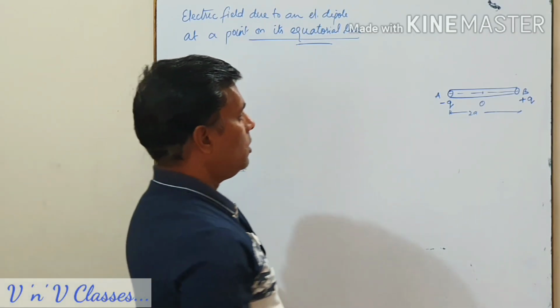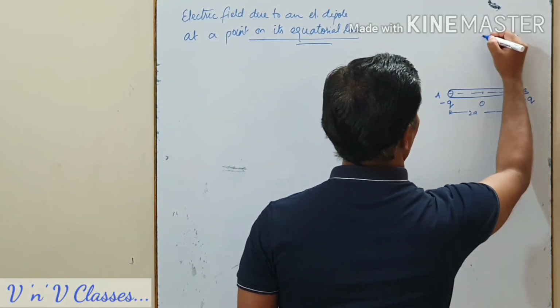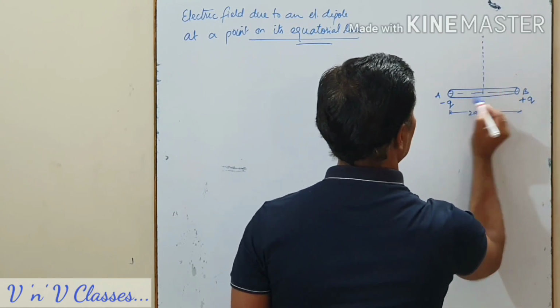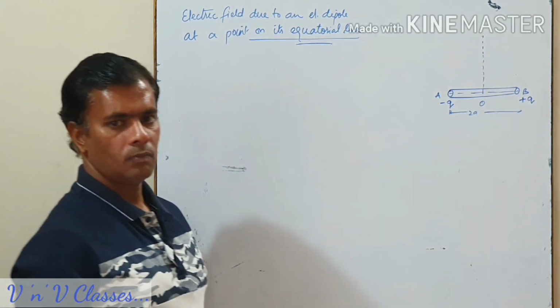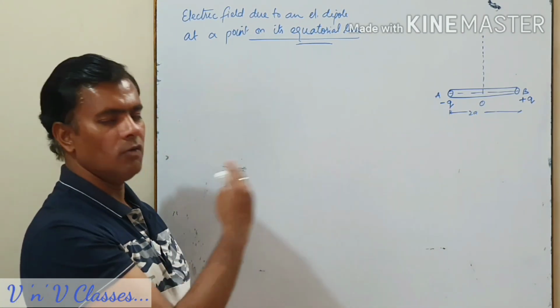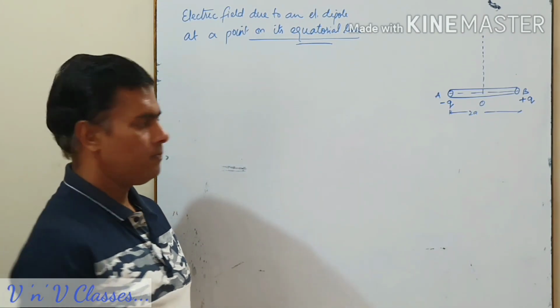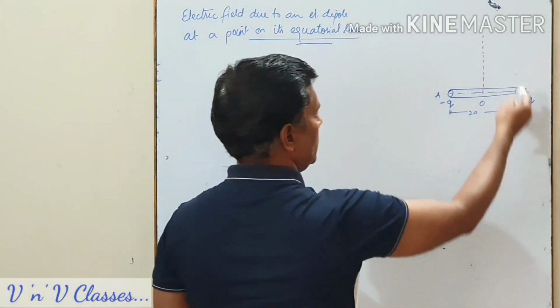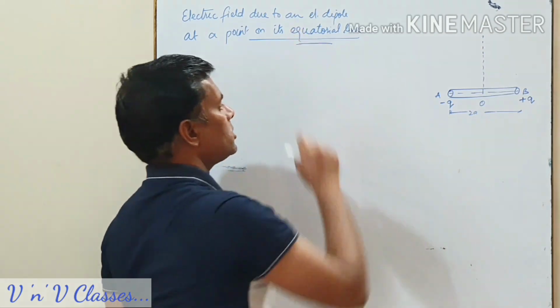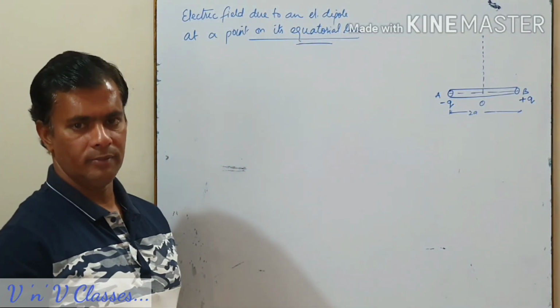If we draw a line which is perpendicular and passes through the point O, this is a perpendicular bisector of the dipole length AB. Dipole length AB is bisected perpendicularly by this line, so that is called the equatorial line.